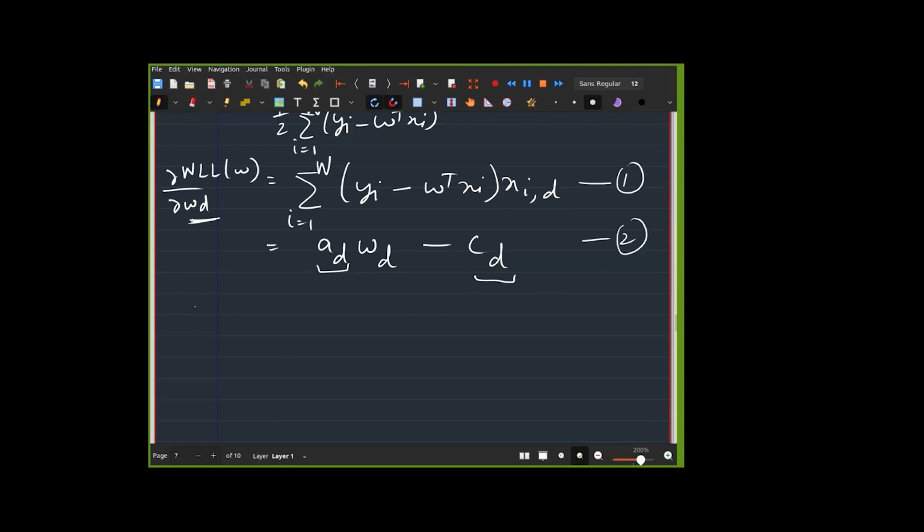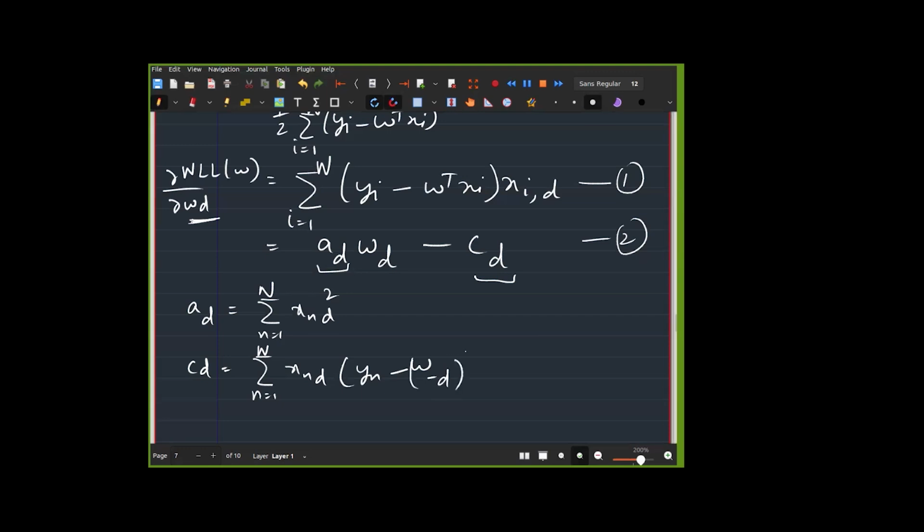Let me write down what AD is. It is the sum over n equal to 1 to capital N of (x_n,d) whole squared. And CD is the sum over n equal to 1 to capital N of x_n,d times (yn minus W_minus-d transpose x_n,minus-d), where W_minus-d is the whole vector W after removing the dth dimension.